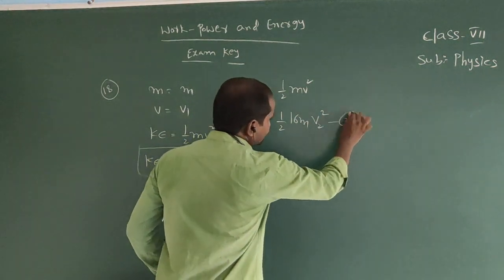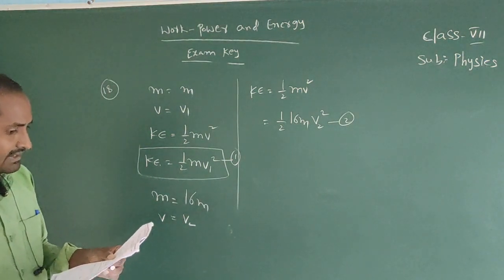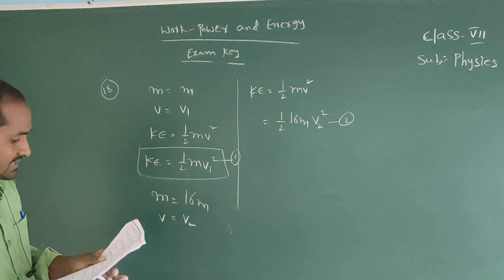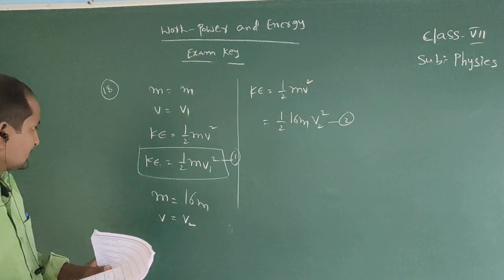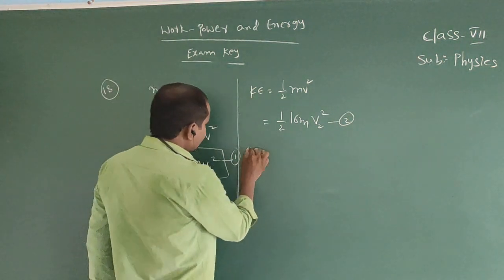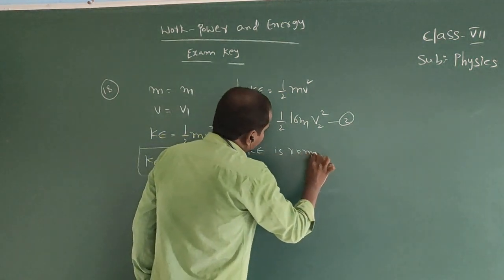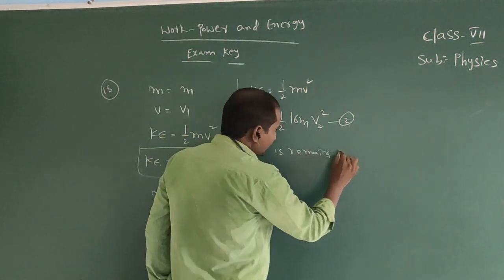It is equation number 2. But here what is the given condition? Kinetic energy remains constant. That means equation number 1 equal to equation number 2. Here K remains constant.